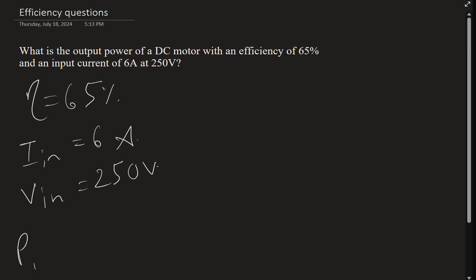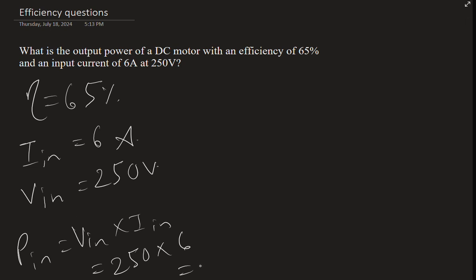So our input power will be P in equal to V in times I in, equal to 250 times 6, which equals 1500 watts.